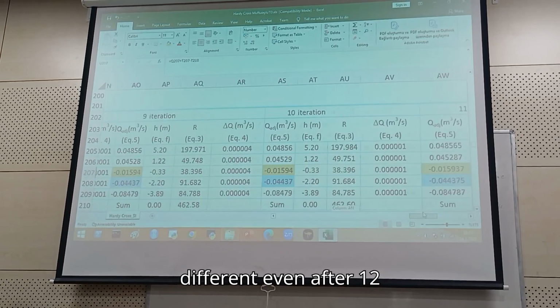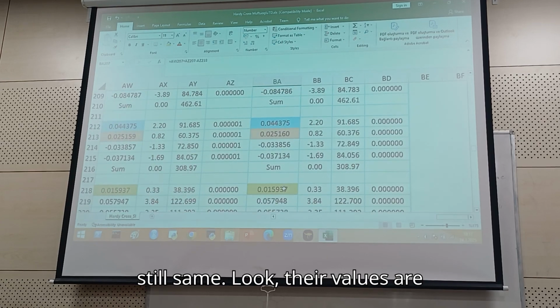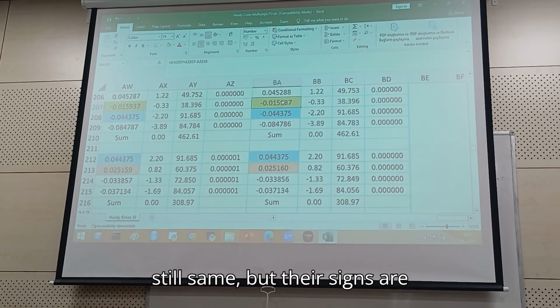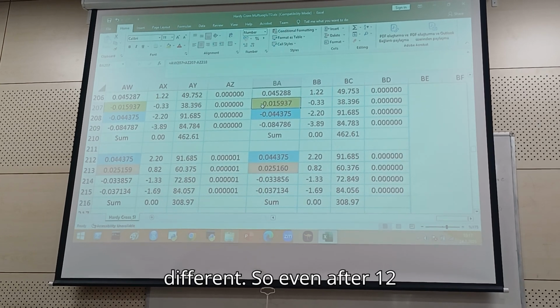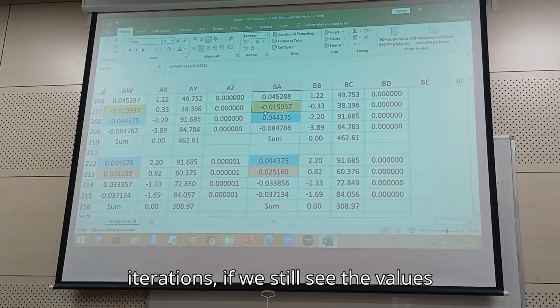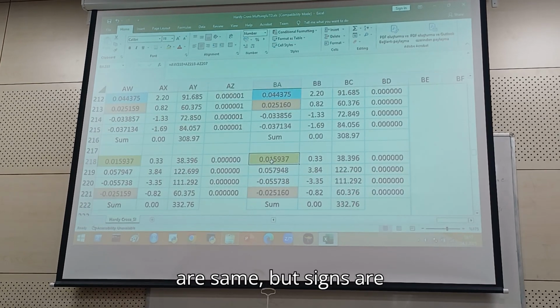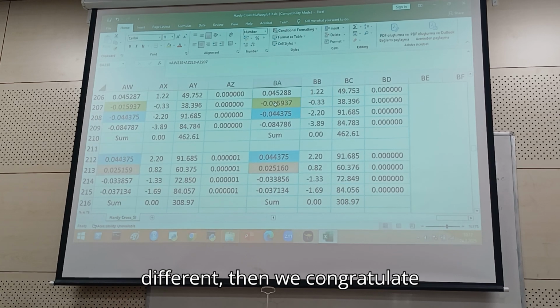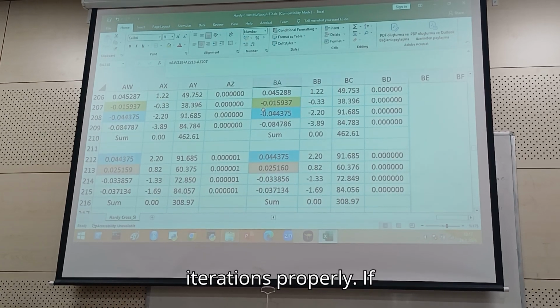Even after 12 iterations, their values are still same. Look, their values are still same, but their signs are different. So even after 12 iterations, if we still see the values are same, but signs are different, then we congratulate ourselves, which means we are doing iterations properly.